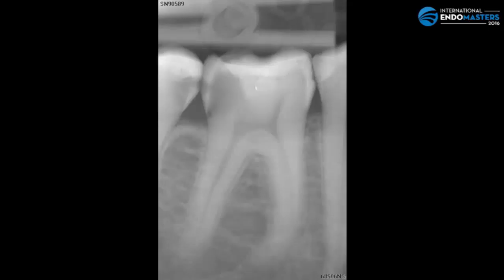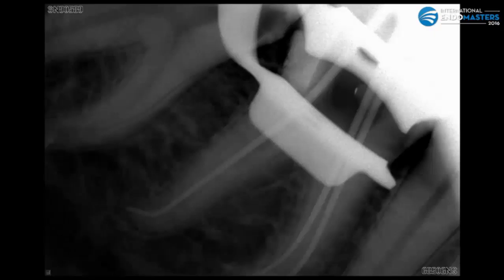This is going to be SM1, SM2, and SM3. When I was adjusting my gutta percha cone, I could figure out how abrupt is the curve in the distal canal.